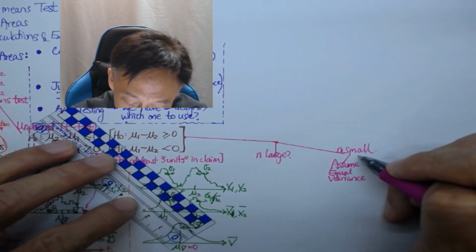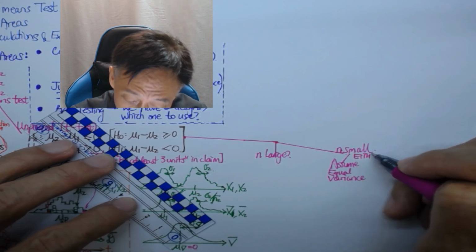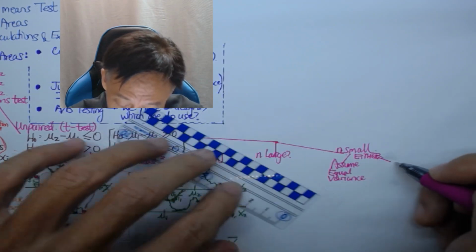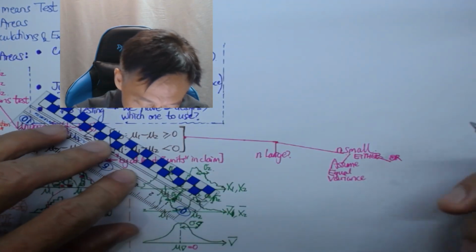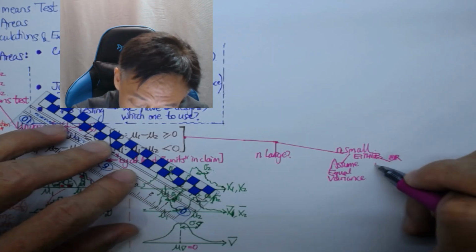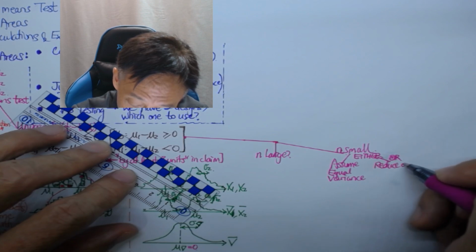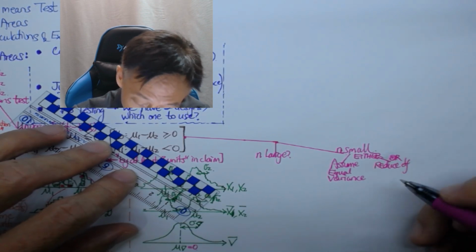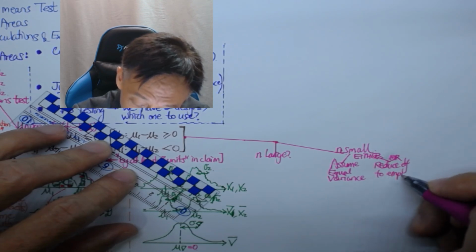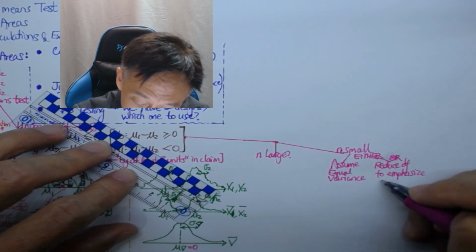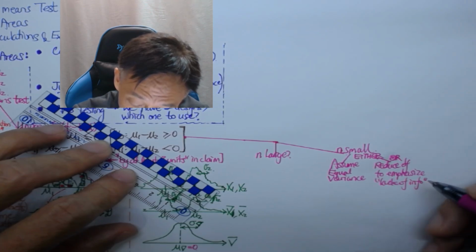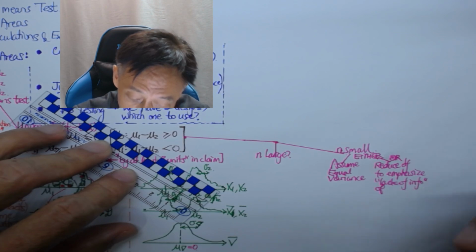Then we either assume, or we reduce degrees of freedom. Let me just write down first, to compensate for lack of information of sigma.